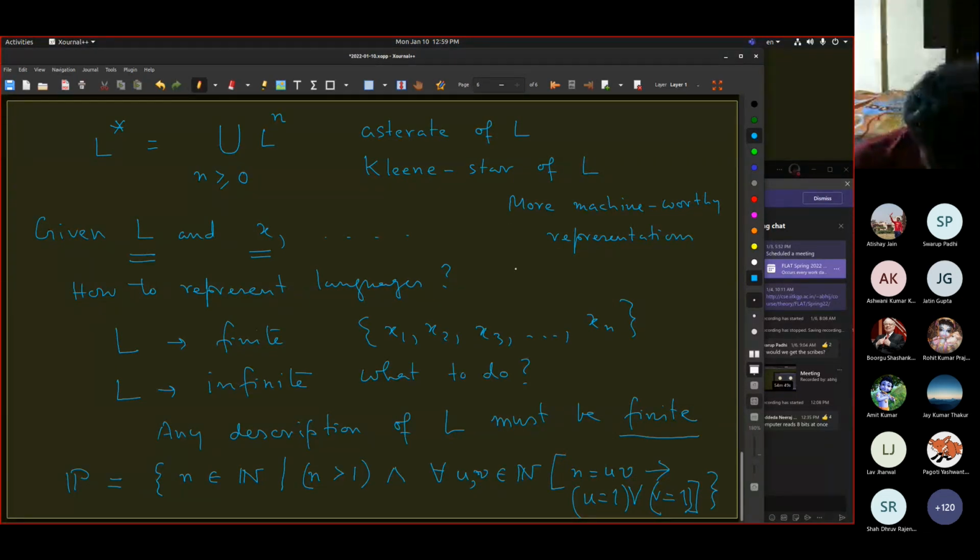Maybe I just mention one possibility: you define classes of machines, which we will do. And second, what we will do is a recursive definition using what are called grammars.